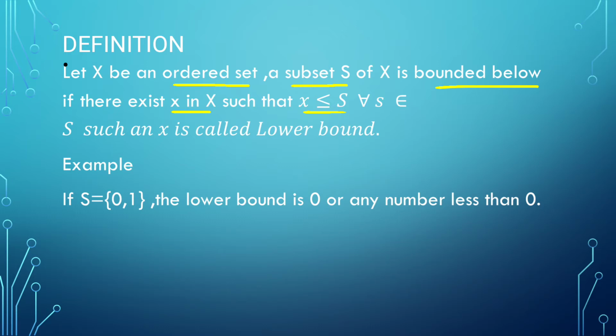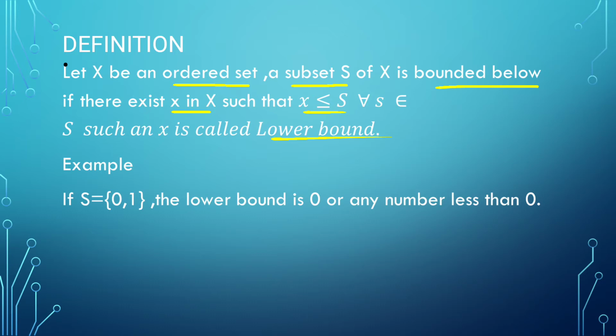This particular smallest element is called the lower bound. So we say that S has a lower bound, which is x. It is the lowest of all, the smallest of all in the arrangement in the set.